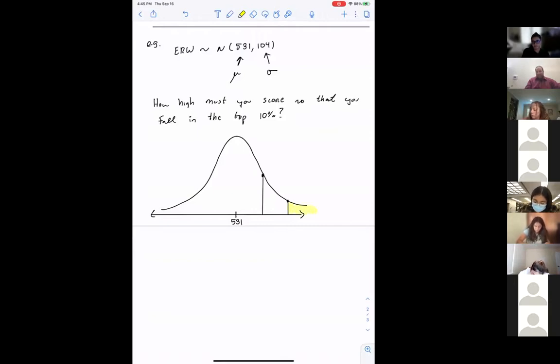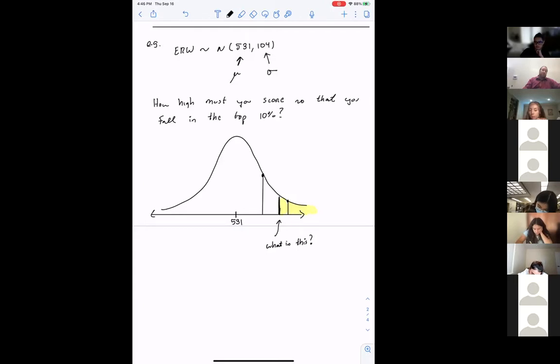And how much more would you say approximately? Just a little bit to the left of the second. Okay, something like there maybe? Approximately, ballpark. So the question is, what is this? That's the goal of the question. What number is that? That's the score that we need to know, where you have to score to fall in the top 10%.